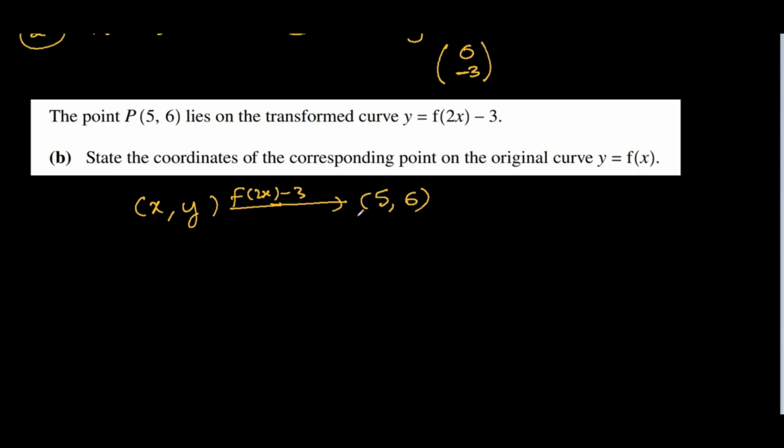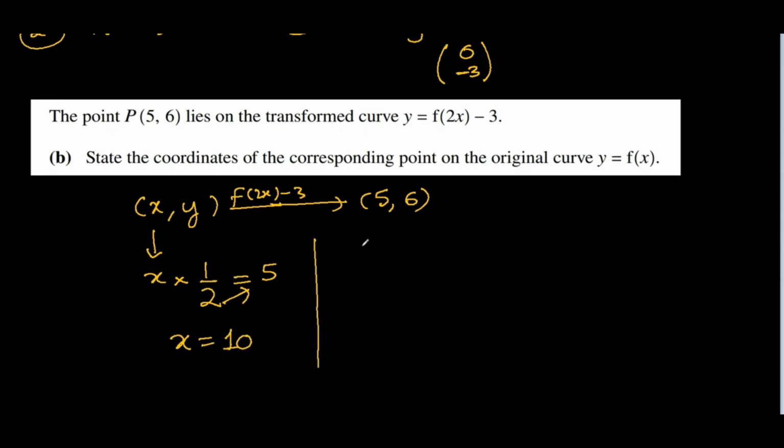So the first transformation was that it has been stretched by a factor of half in the horizontal direction, which is the x direction. It means whatever this x was, it was stretched by a factor of half, and then we got 5. So x times half is 5, 2 multiplied with 5, x is 10. So the x coordinate of the original point was 10. Okay, let's talk about the y one.